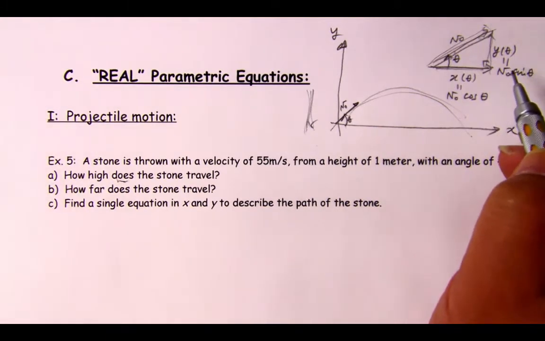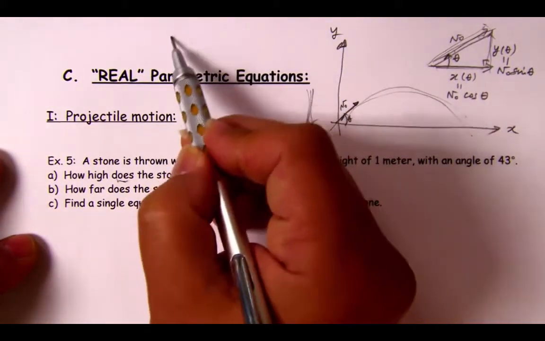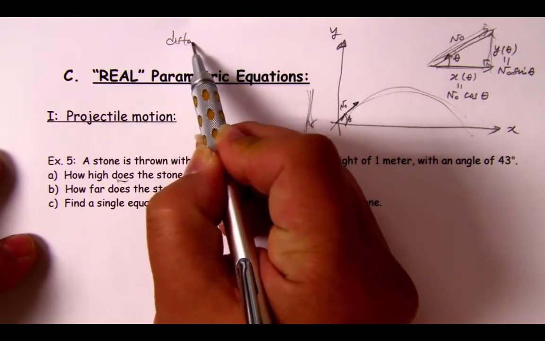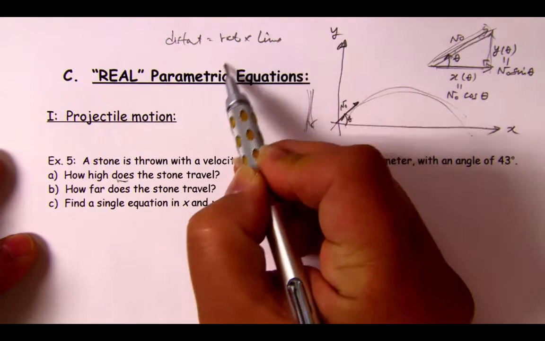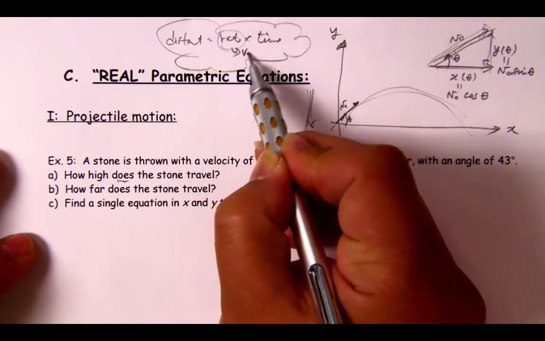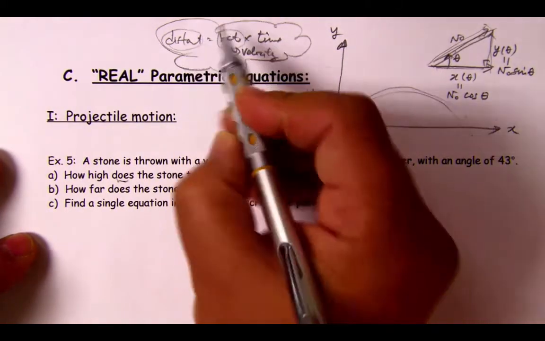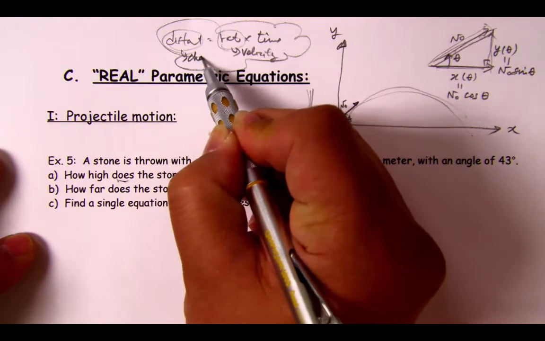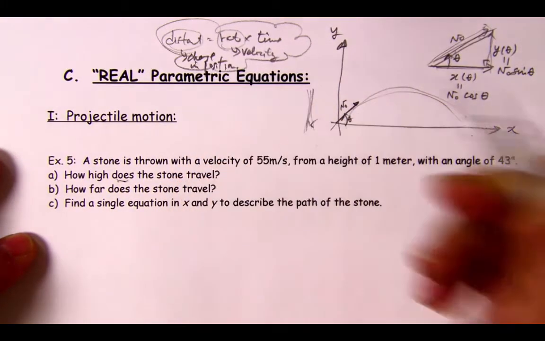Now, furthermore, continuing this on, guys, we know that the distance traveled is rate times time, isn't it? And the rate that we're talking about is a velocity. And the distance is basically a change in position.